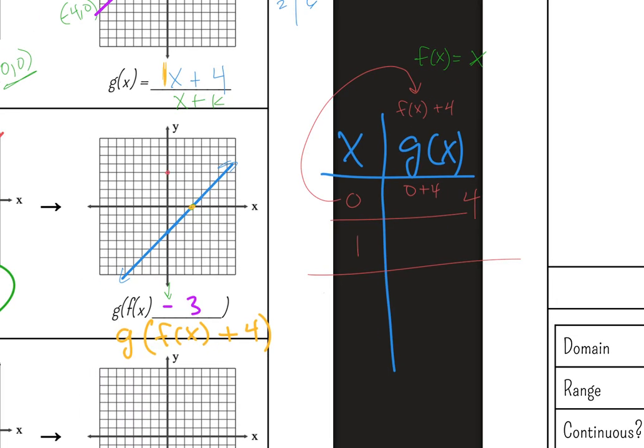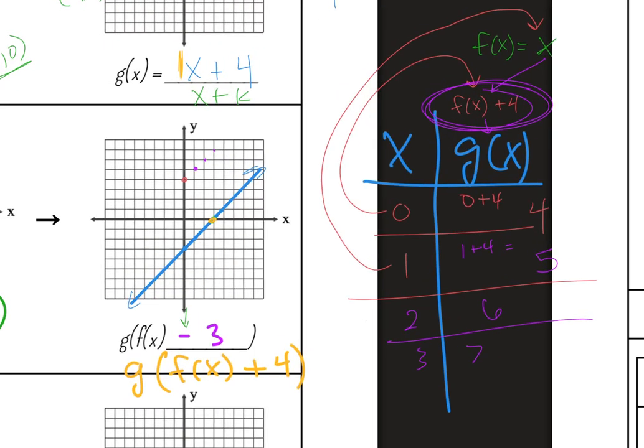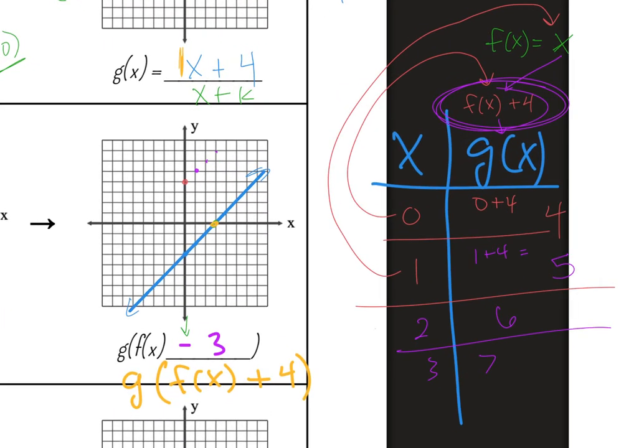There we go. x is 1, we take the 1, we plug it in here, which trickles down to here, which eventually trickles down into here. So it's 1 plus 4, which is 5. So when x is 1, y is 5. When x is 2, again, we can use the slope, so it's 2, 6, 3, 7. And if you're like, why is it 7? Again, because it's 3 plus 4. So check this out. Here's my line, just like that.